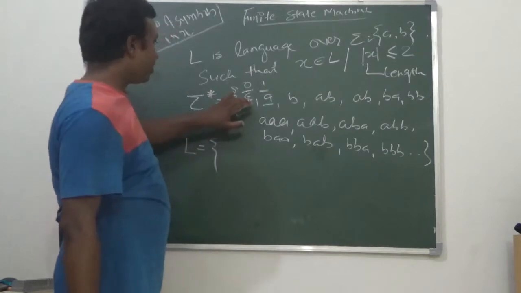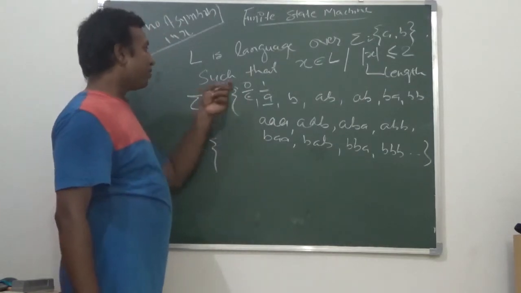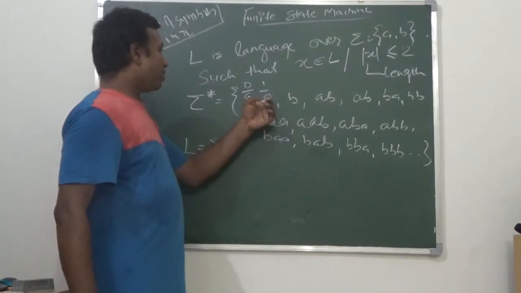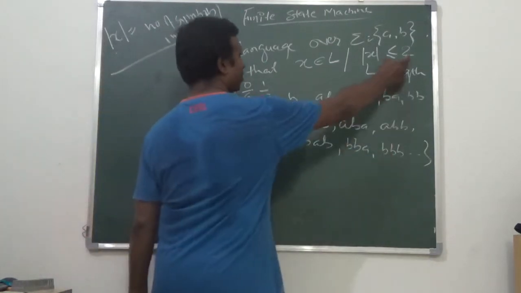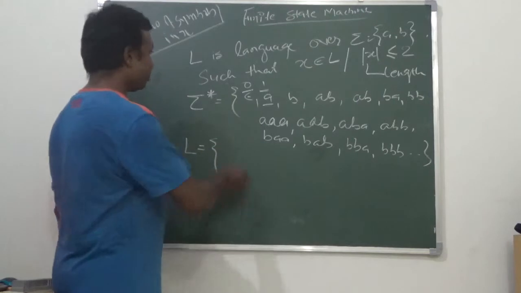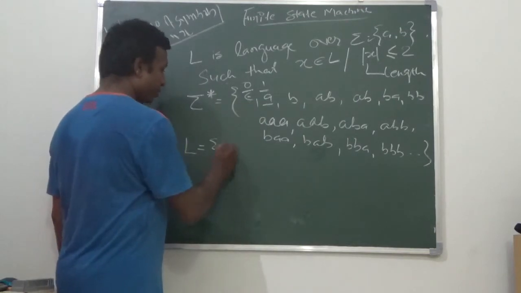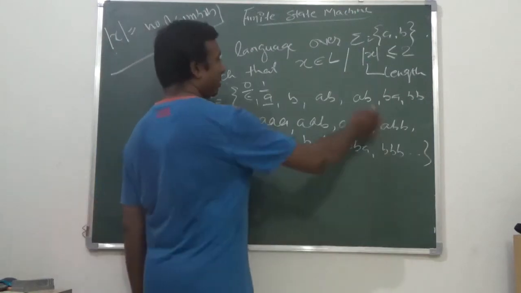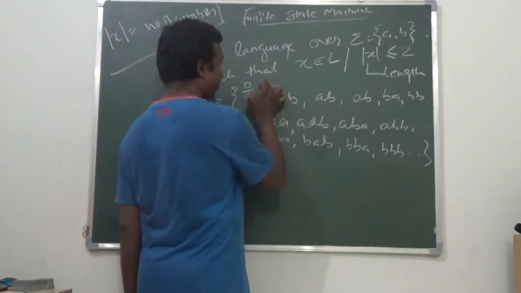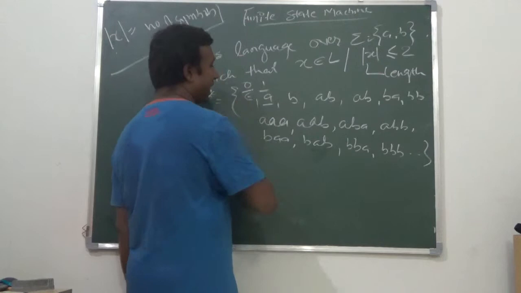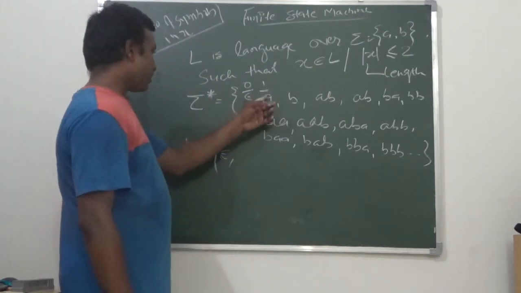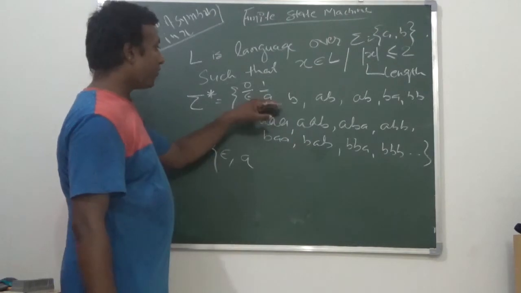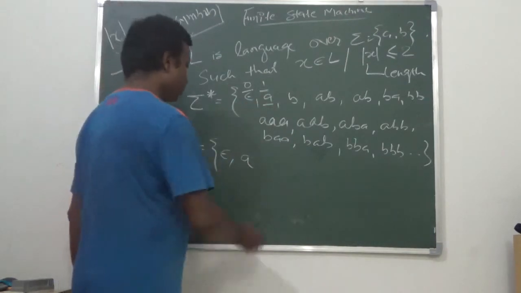So how many symbols do we have in epsilon? There is no symbol, so the length is 0. Obviously 0 is less than or equal to 2, so we need to include this into L. Then the length of A is 1 because there is one single character, so that should be included in this L because the length of A is obviously less than or equal to 2.